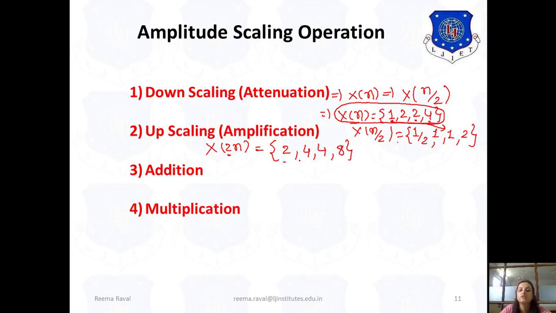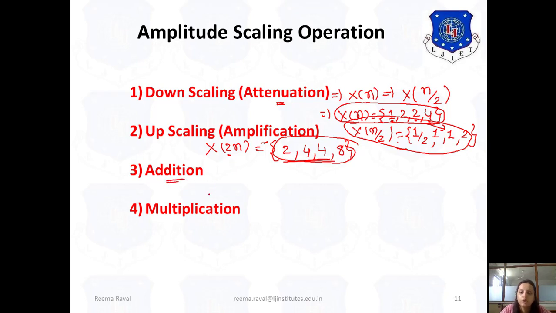So this will be the amplification of the signal, right? This is the basic difference between downscaling and upscaling. This is different from time scaling operations. Amplitude scaling and time scaling operations are different, and according to that, attenuation and amplification are provided, right?